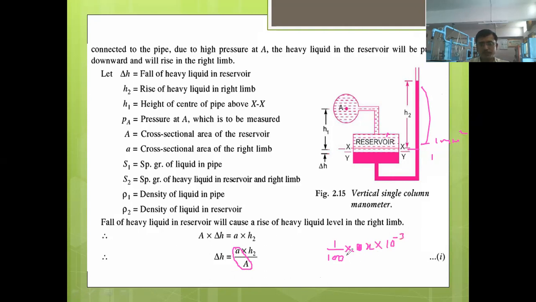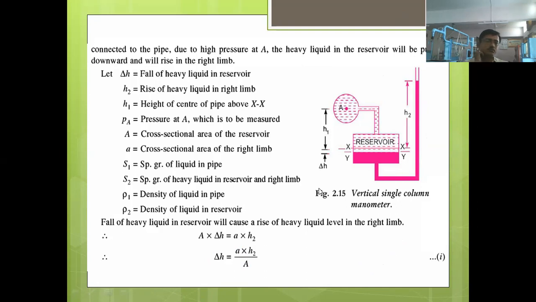Now, if you look at these values, this is 10 to the power 2. When it goes to the numerator, it becomes 10 to the power minus 2. So X into 10 to the power minus 5. This value becomes very small, and as it has become very small, it can be neglected. This means the value of delta H can be neglected from the calculation. So that's the reason behind deriving this equation first. That equation has been given equation number 1.